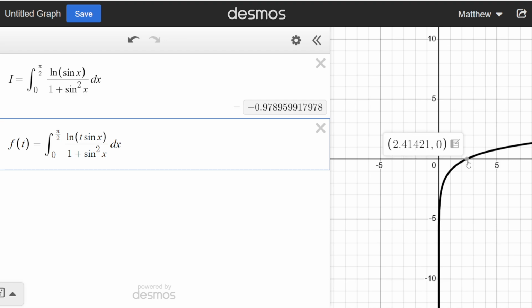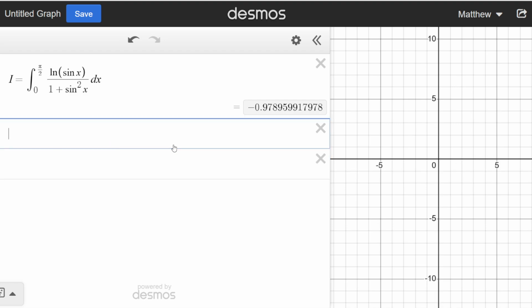Of course, we can recover our original integral I by letting t equal 1, but we can't get a good value for anything else. Like if you try to evaluate that at t equal to 0, you end up getting negative infinity on top. So that's not going to work very well. So first, we're going to transform this integral using a substitution.